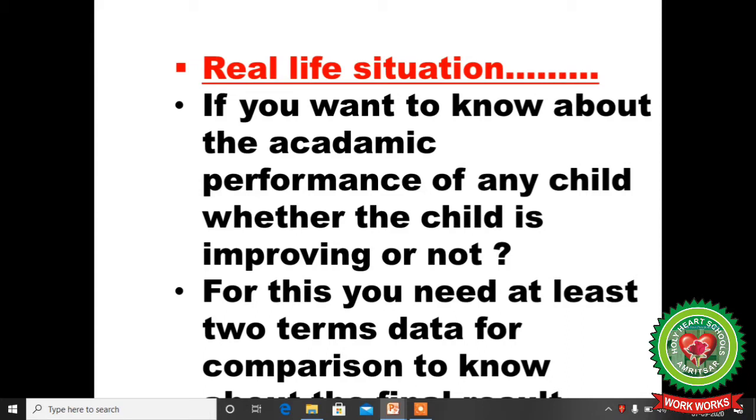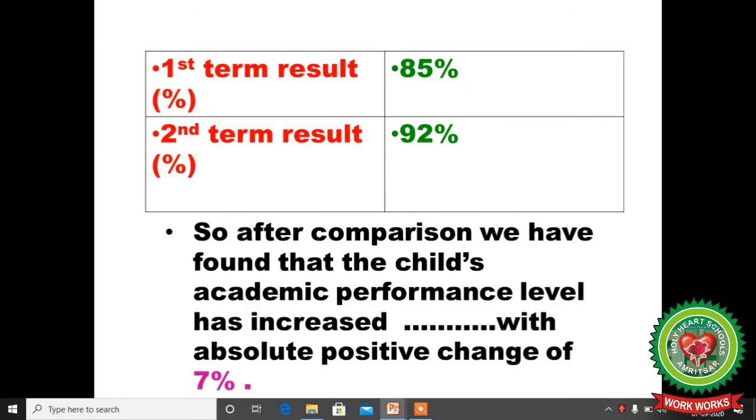Only then can you find out the performance of the child, if you have two years of data or two relative figures, like first term result and second term result. In the first term the child scored 85% and in the second 92%. So after comparison we have found that the child's academic performance has increased, with an absolute positive change of 7%.